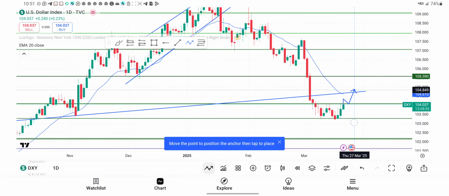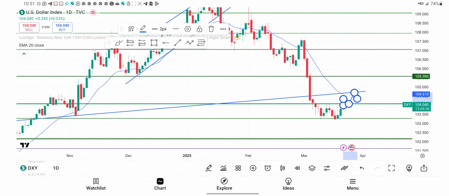Then I'm expecting the market to do maybe something like this, into maybe my trend line, push back a bit, maybe come back to this level to test it again, or at the highs over here, and that place acts as resistance.